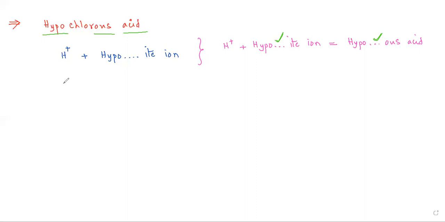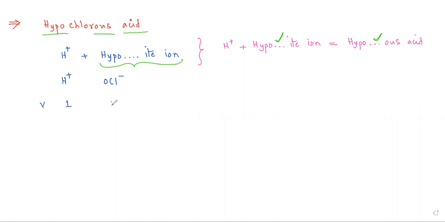Let us check, H plus. And what is hypo-ite ion? I mean hypochlorite ion. It is available with us. OCl minus is the formula of hypochlorite ion, isn't it? So as usual, write the valence.